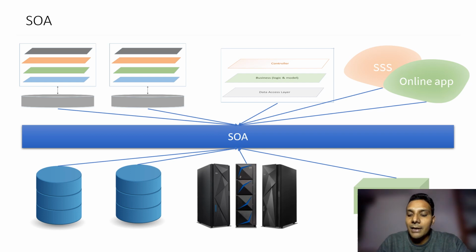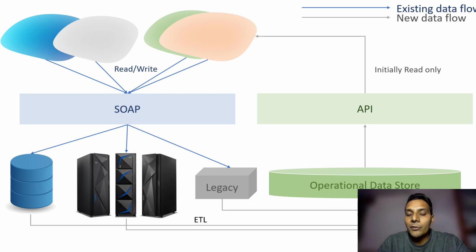So our organization decided to move to API, and initially what we did was create an operational data store in which data was copied from multiple existing systems, and we wrote a layer of API over this operational data store.